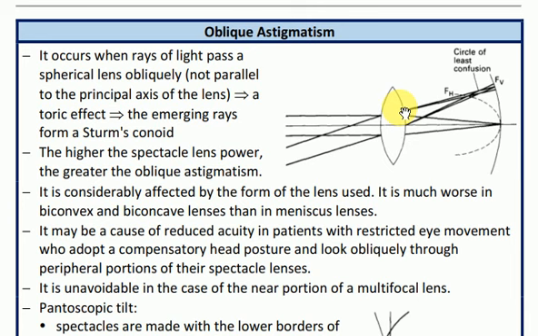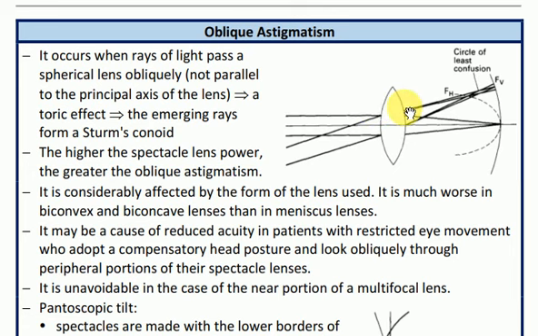Obviously, the higher the spectacle lens power, the greater the unwanted cylindrical power induced by this aberration.